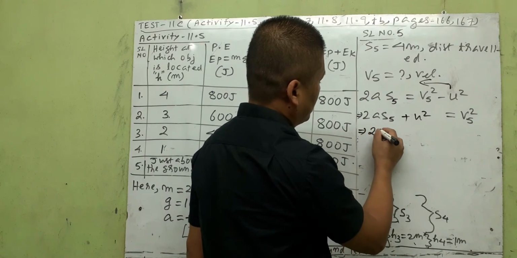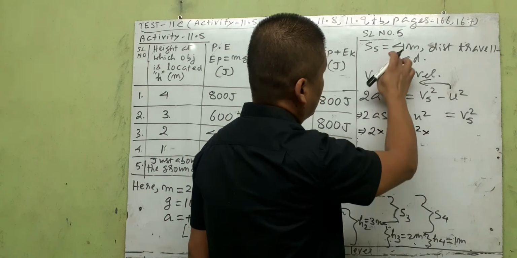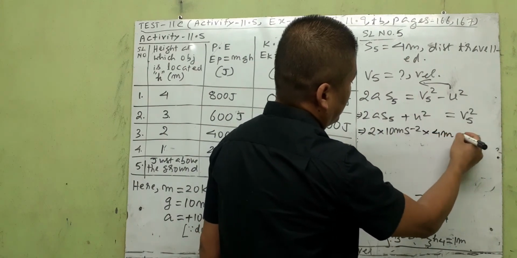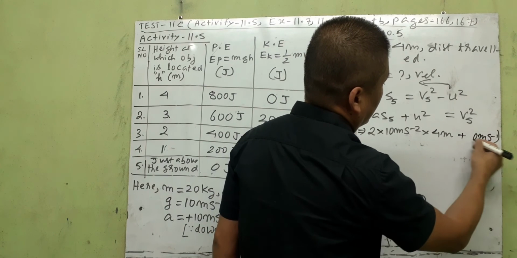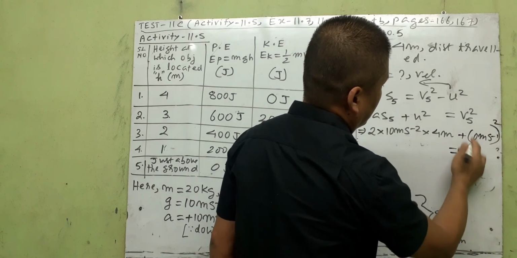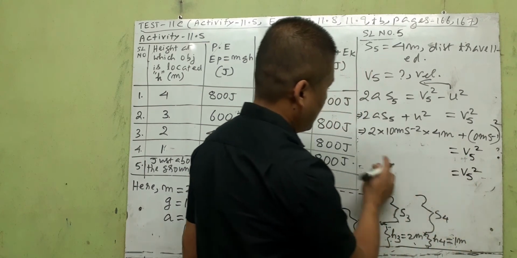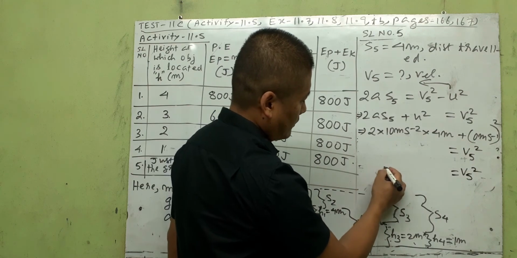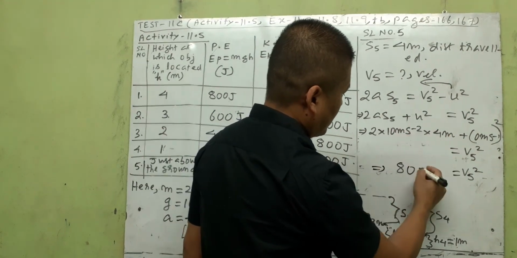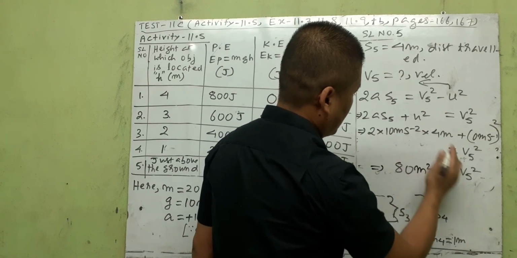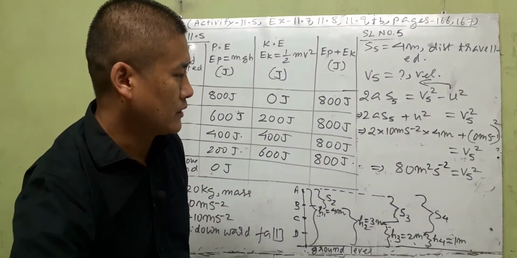So slowly you do 2 into A, which is 10 meter per second square, into S5, which is 4 meter, plus U, which is always 0 meter per second, whole thing square, is equal to V5 square. So V5 square will be 2 4s are 8, so I'm going to write 80, meter into meter, meter square, and here second to the power minus 2. So V5 square is 80 meter square per second square.